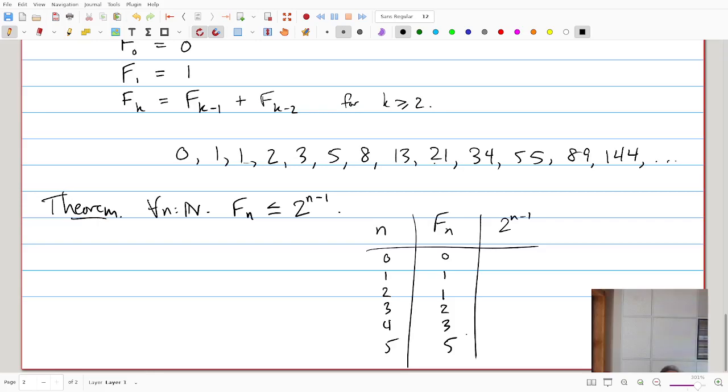And 2 to the n minus 1: when n is 0, 2 to the minus 1 is a half. 2 to the 0 is 1. 2 to the 1 is 2. And so you can see that this column is always less than or equal to this column. The 1 is actually equal, but that's the only place where it's equal. Everywhere else it seems like it's strictly less.